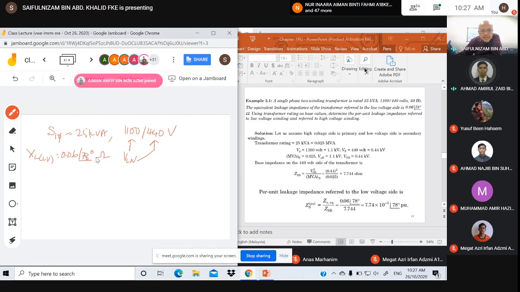You see, this is the actual value in ohm. Using the transformer rating as the base value, determine the PU leakage impedance referred to the LV side and also to the HV side.